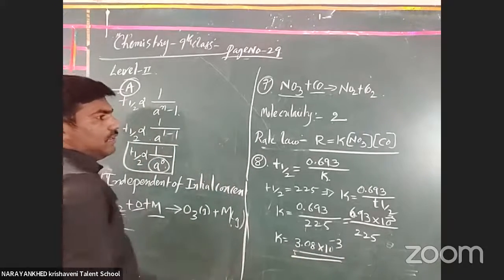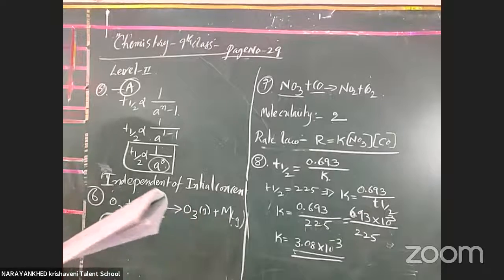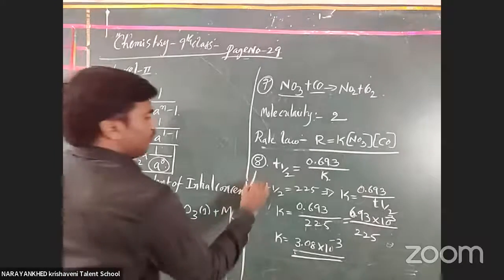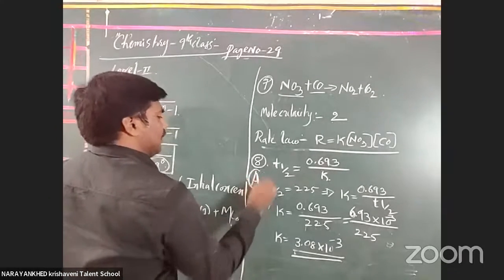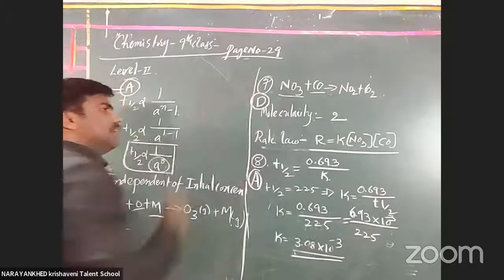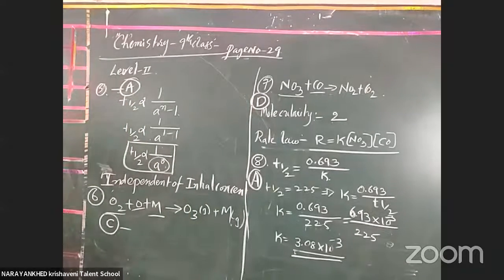Then what is the eighth answer? The eighth answer is A. Answer is A for the eighth one. For the seventh, the answer is D. As given, please note down all these answers and hints.